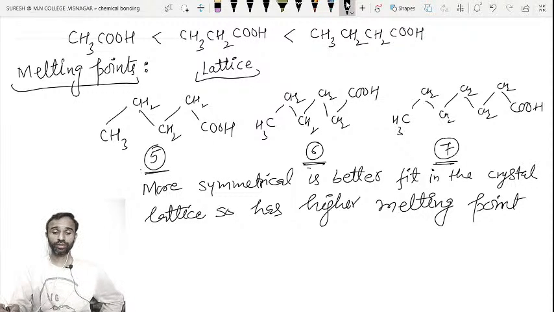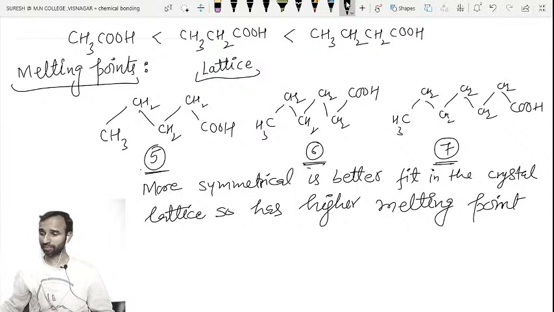Yes, out of these 5-membered, 6-membered, and 7-membered, which one is more symmetrical? Respond fast.